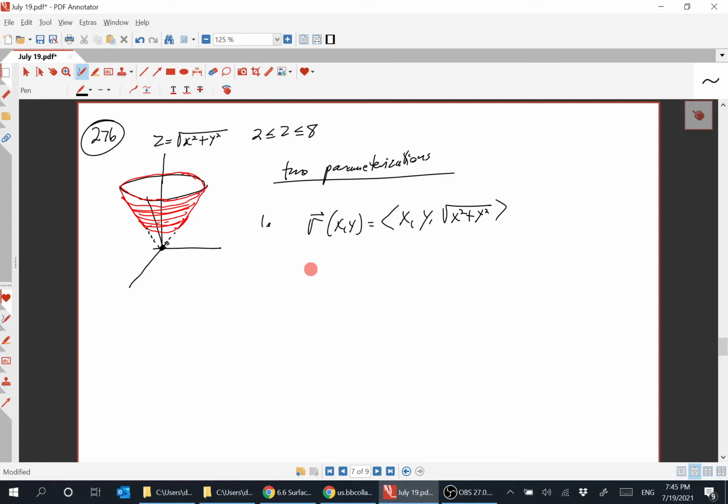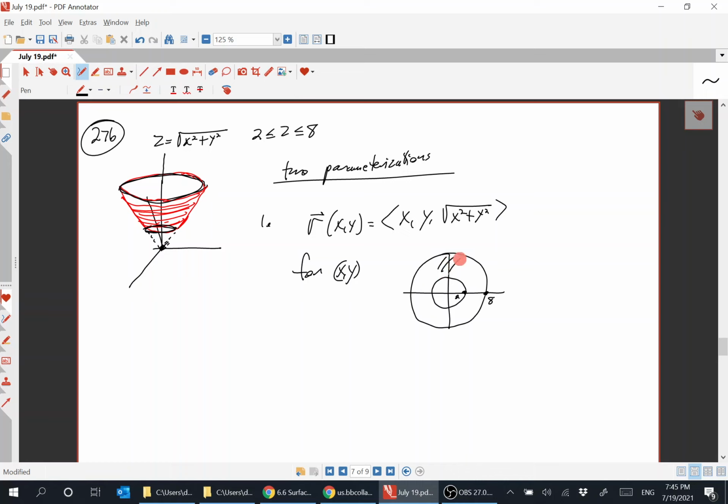And what is the domain for x and y in this case? Well, the domain for x and y is the shadow this surface makes when you shine the light straight down, the shadow it makes in the xy plane. Well, that's the circle of radius 2. That's the circle of radius 8.